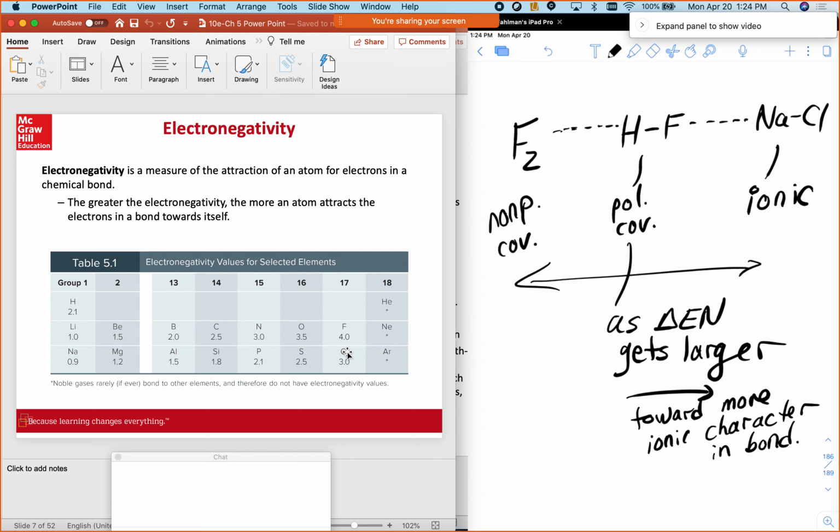So as you move toward opposite sides of the periodic table, you're getting more like an ionic bond because the difference in electronegativity is larger. Does that make sense to everybody?